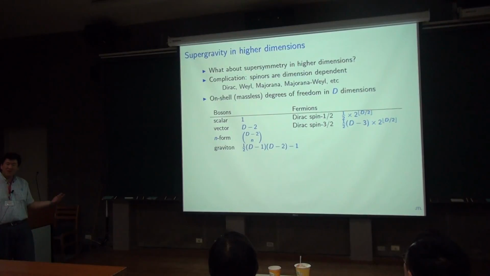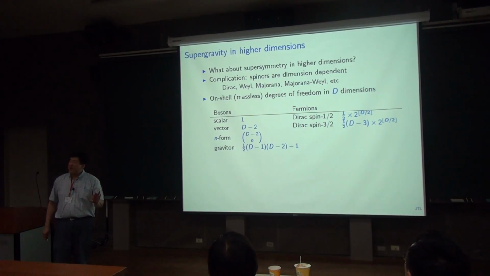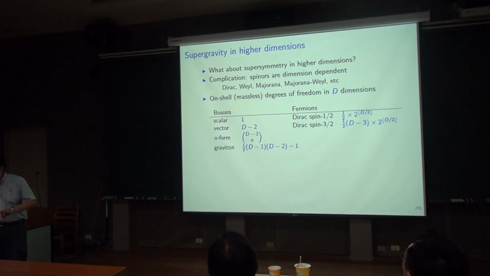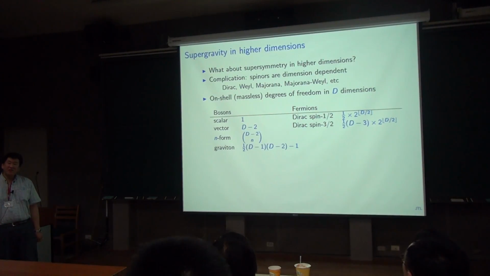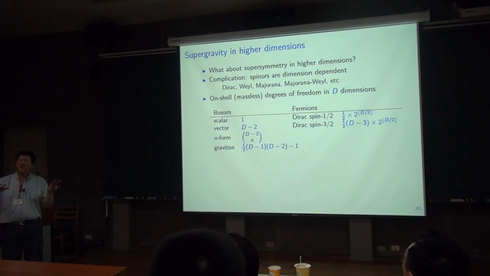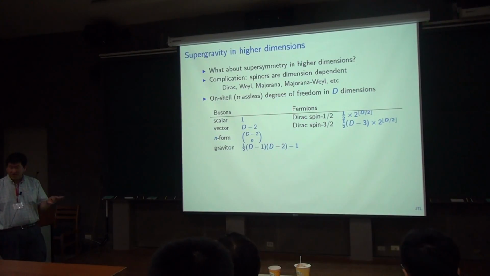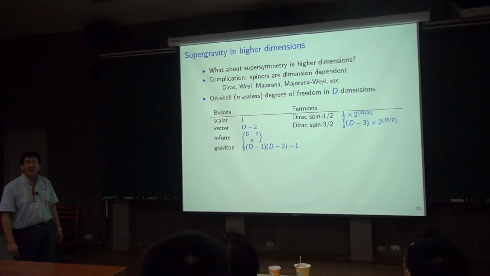Dirac fermions, Weyl fermions, Majorana fermions. And whether you can impose these Majorana conditions or chirality Weyl conditions depends on the dimension you're in. It's usually mod 8. And so it's not so easy to write down one universal dimension-independent version of supersymmetry. Usually the different superalgebras, the different supersymmetric theories you write down, are dimension dependent. They share overall features, but the details depend on what kind of spinors you have in that dimension.